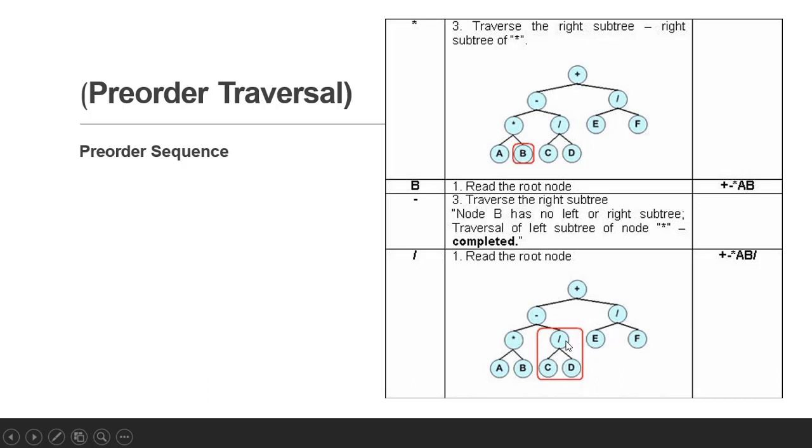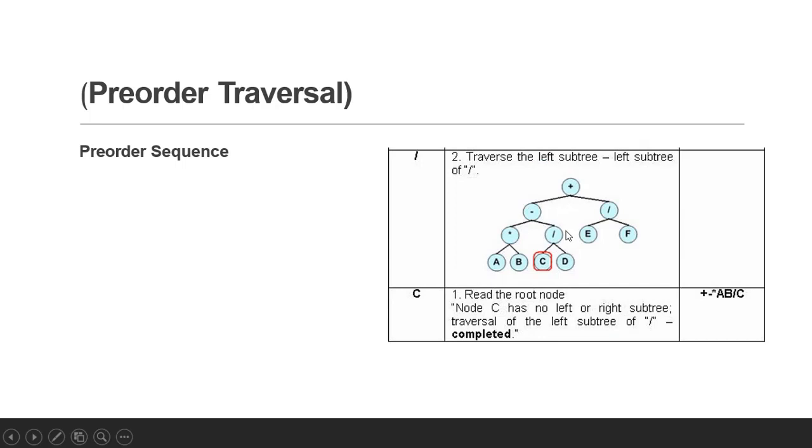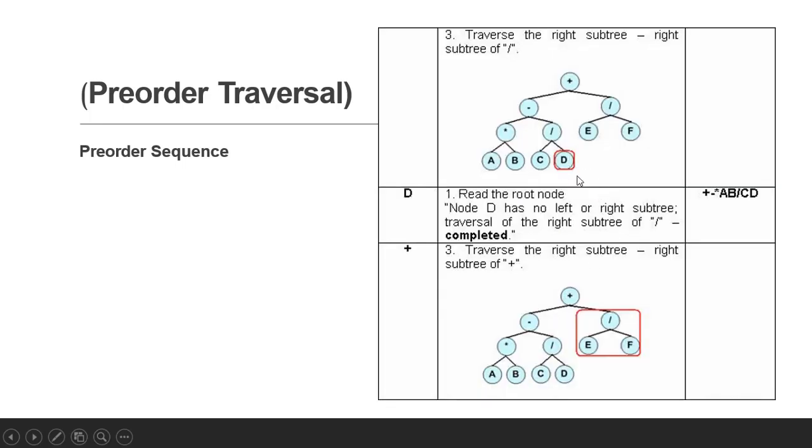Again we apply the recursive call, which is to traverse from the left. After you visit the root, you traverse from the left, then traverse from the right of D. Then after this subtree is completed, we have to proceed to the right. So that's why we have this right.